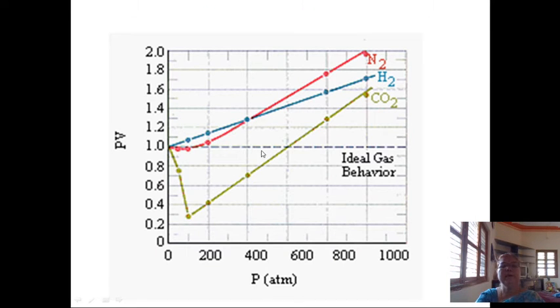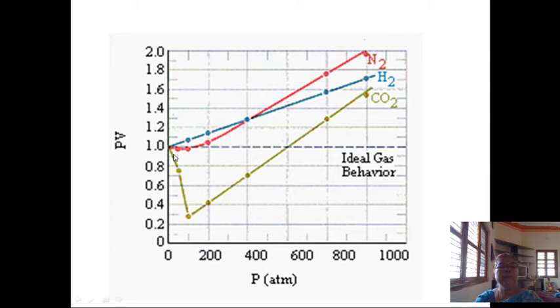Then this is also the graph of PV versus pressure values. That means the product of pressure and volume is taken on the y-axis, and the pressure values are taken on the x-axis, and this is the graph of CO2 gas.